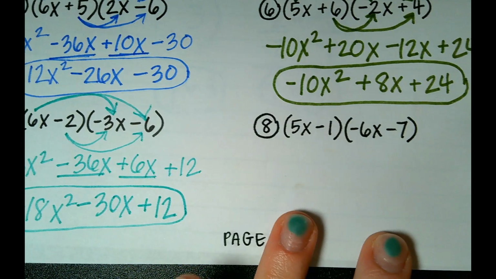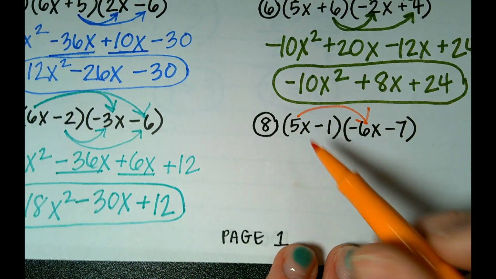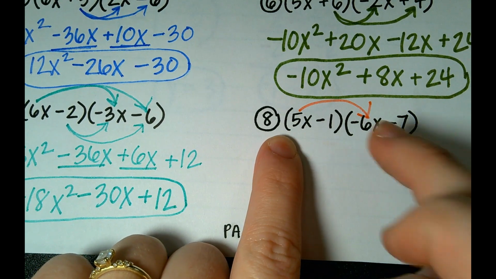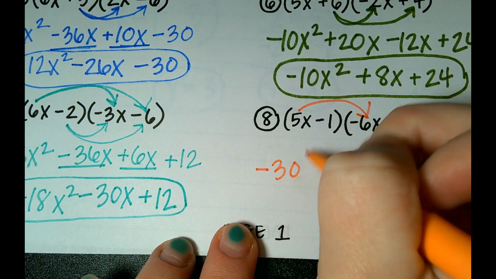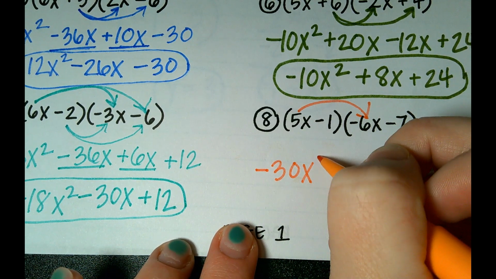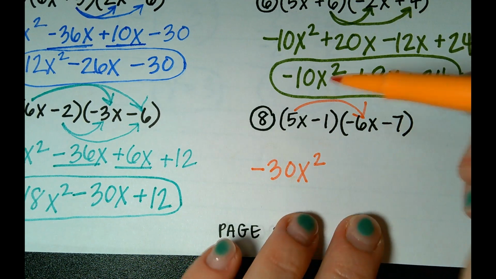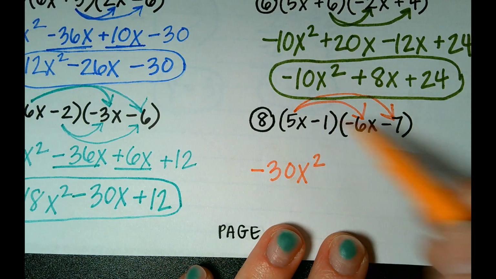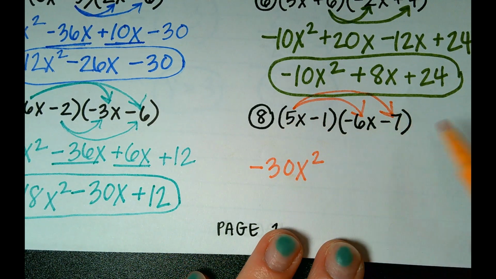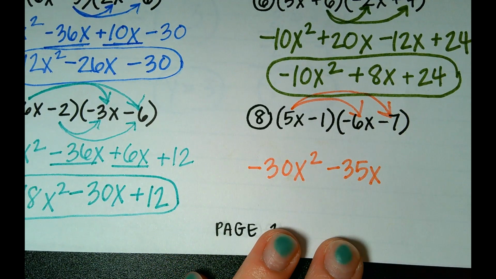What would I multiply first? Okay, 5 times negative 6, negative 30. And then our x's together give us x squared. Your next one is going to be 5x times -7. You get -35x. Good.